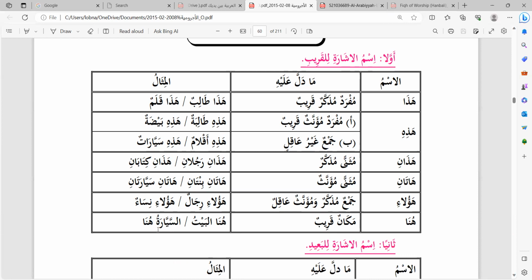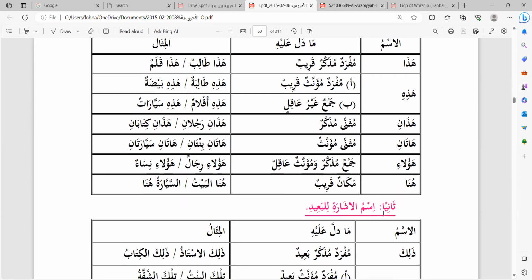If I ask where's the car, you say السيارة هنا, the car is here. جيد. So now all of these, this table, you can print this page and stick it on your collection if you want to in the beginning. So all of this is for something that is قريب, something that is close.